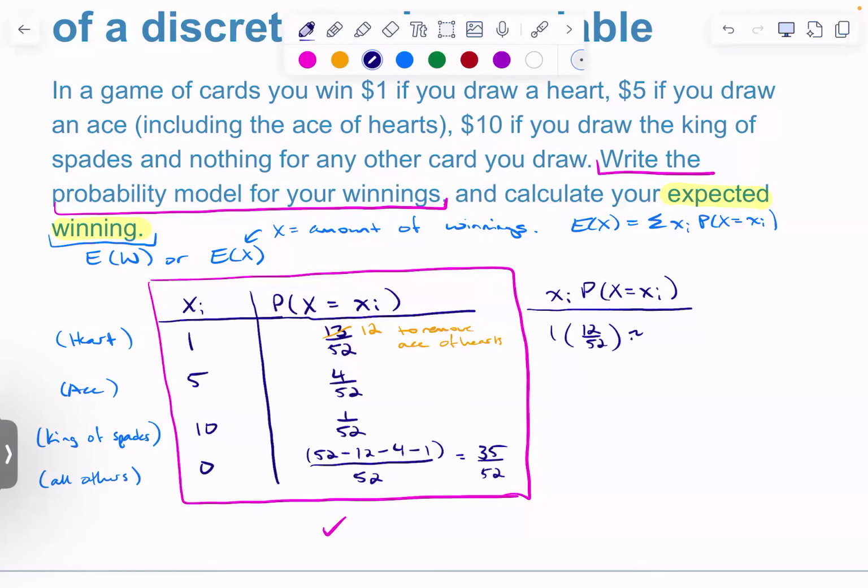Nope. 0.23077. I've rounded. Hmm. 5 times 4 over 52.